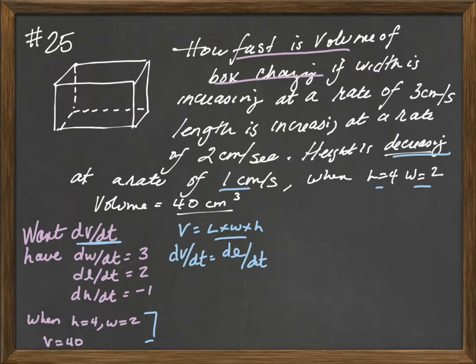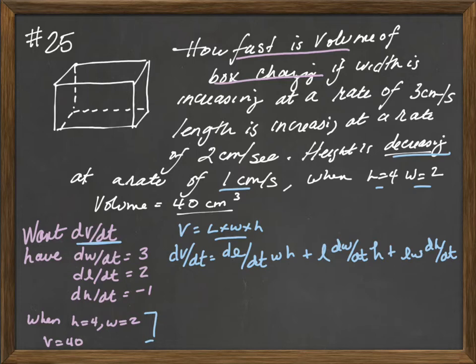Okay, dl/dt times w h, plus that was the derivative of the first times the second and the third, and then it would be l and dw/dt times the first and the third, h, plus l w dh/dt. So it's a pretty easy problem, but that's how you differentiate those.